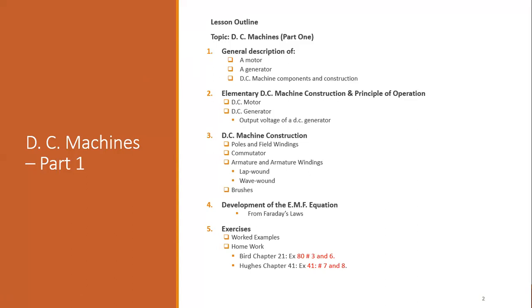So we will look generally at their construction and their principle of operation, and then later on how the EMF is developed in both machines. All right, and I have some work examples included and some questions for you to do also.